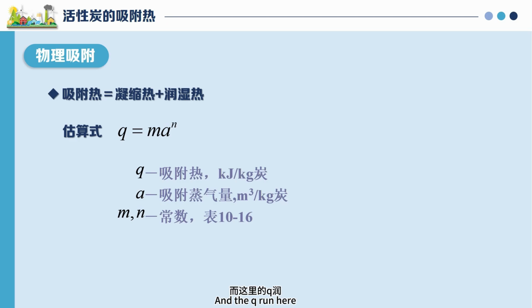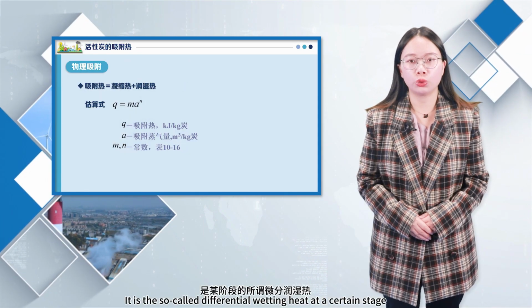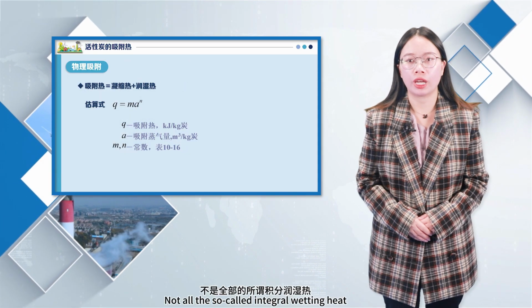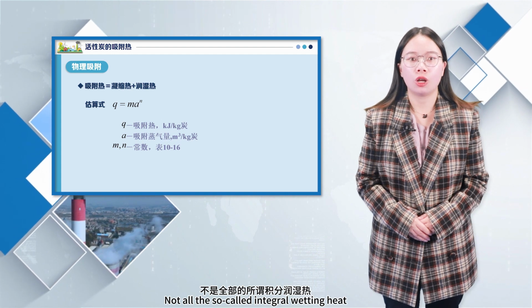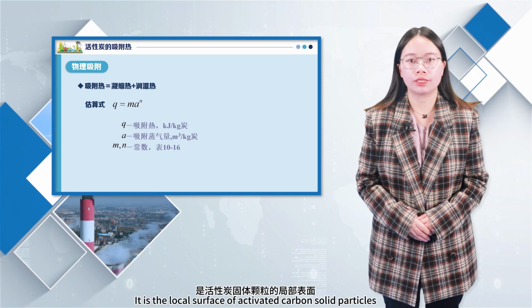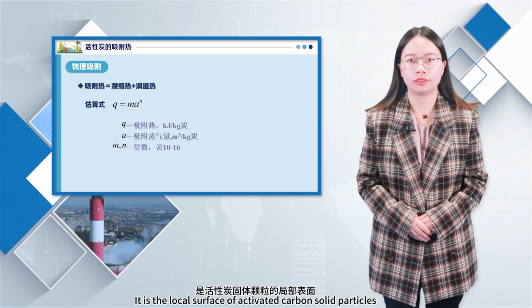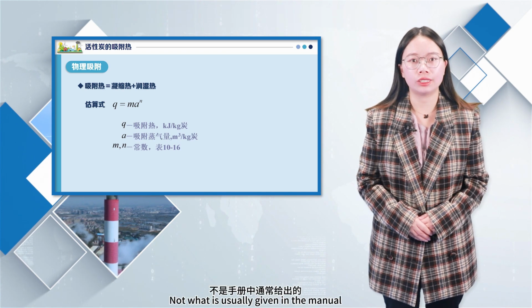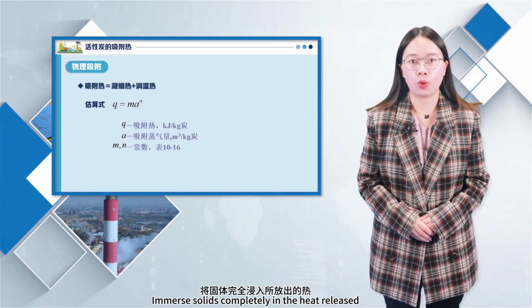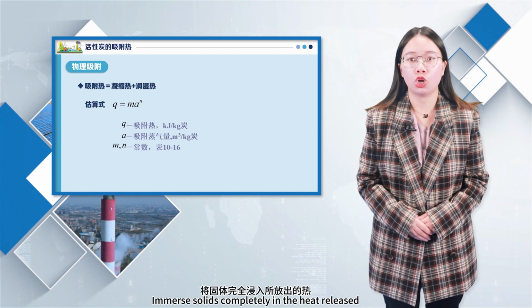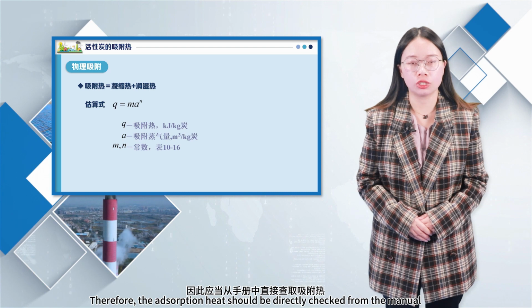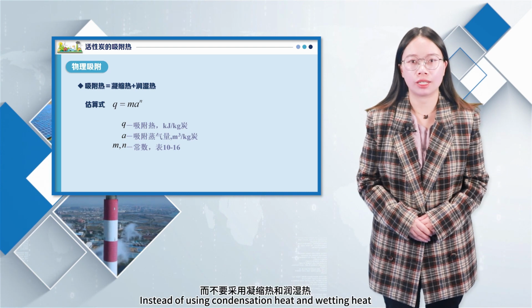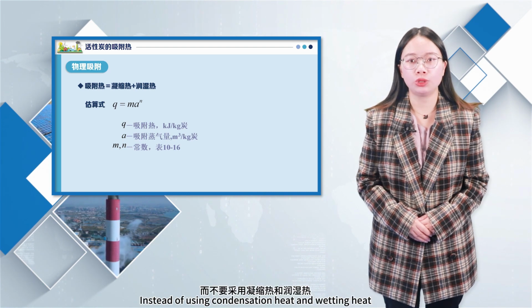And the Q wetting here is the so-called differential wetting heat at a certain stage, not the integral wetting heat. That is, it is the heat released when the local surface of activated carbon solid particles is wetted by a liquid, not what is usually given in the manual, the heat released when the solid is completely immersed. Therefore, the adsorption heat should be checked directly from the manual, instead of using condensation heat and wetting heat.